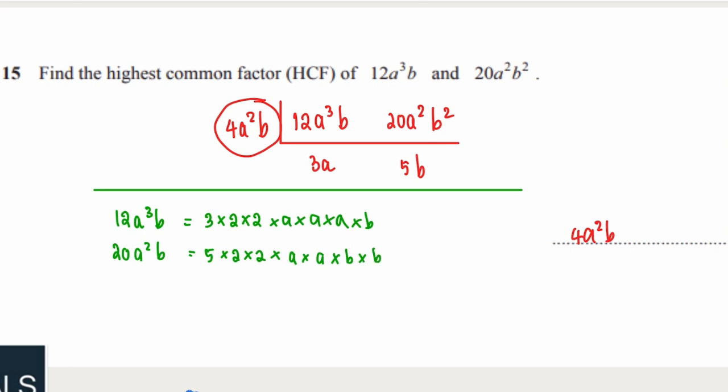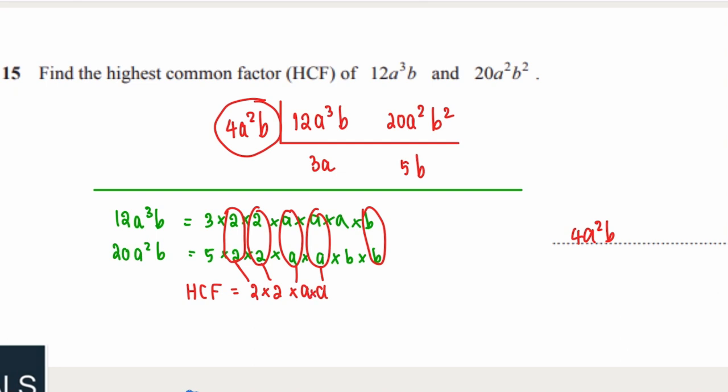So the common factors are 2, 2, a, and b. So the highest common factor is equal to 2 times 2 times a times b. So it will be 4a squared b, like this.